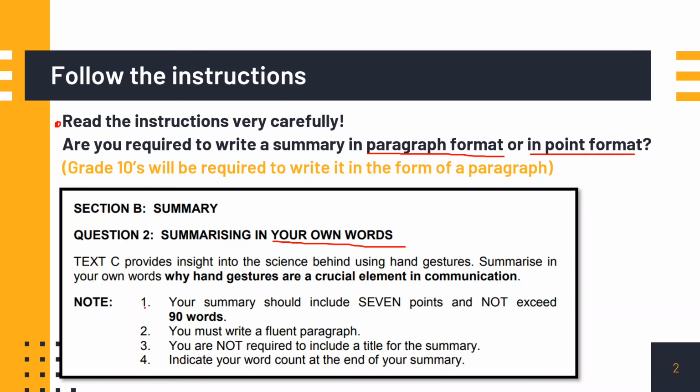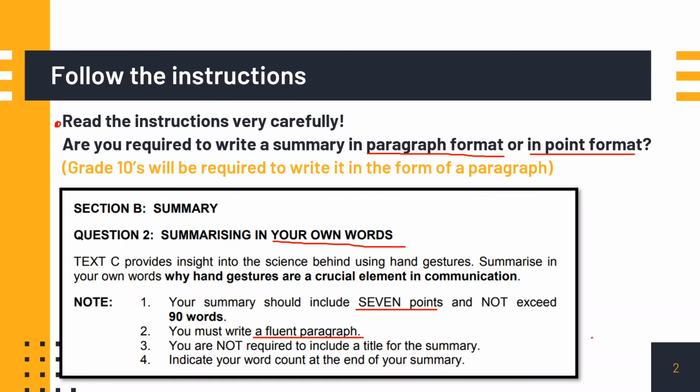Note, number 1, your summary should include 7 points and not exceed 90 words. Step 2, you must write a fluent paragraph. Step 3, you are not required to include a title for the summary. Step 4, indicate your word count at the end of your summary.